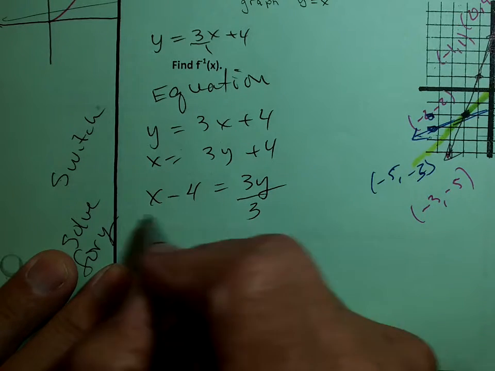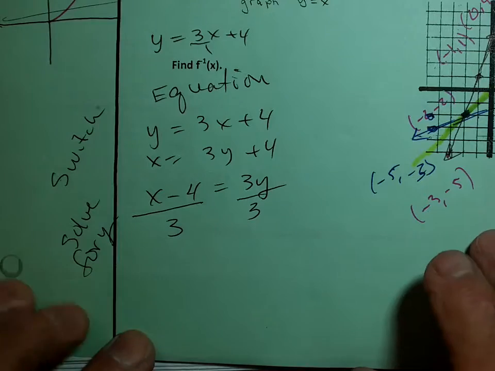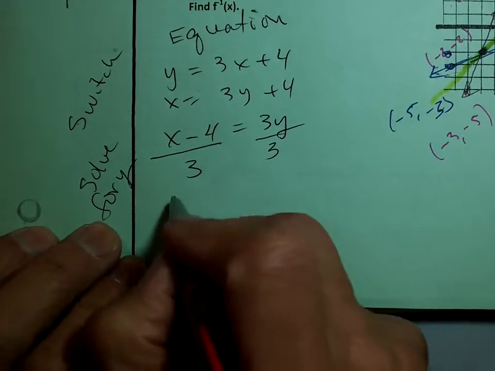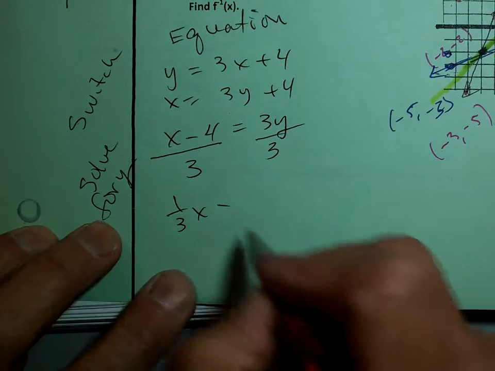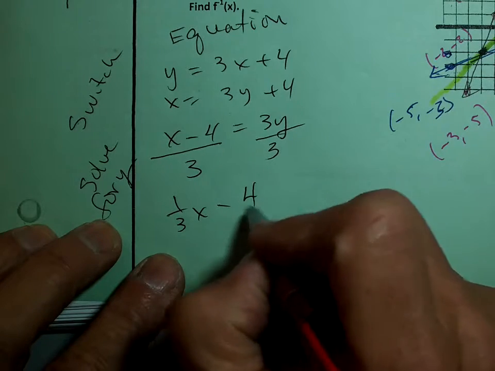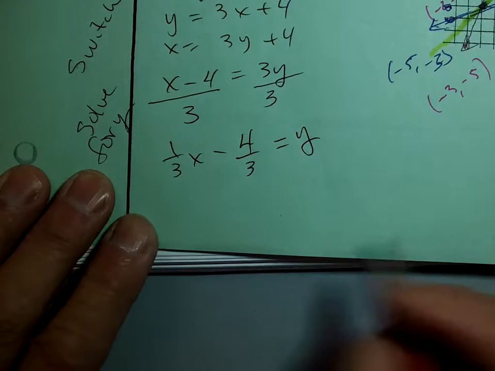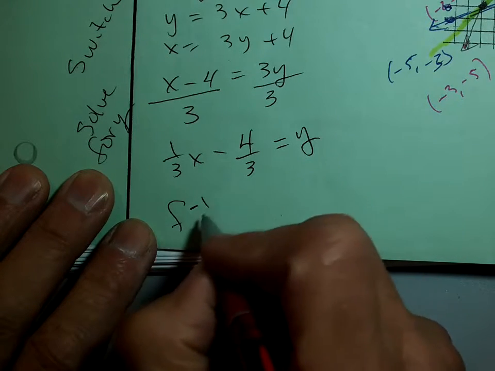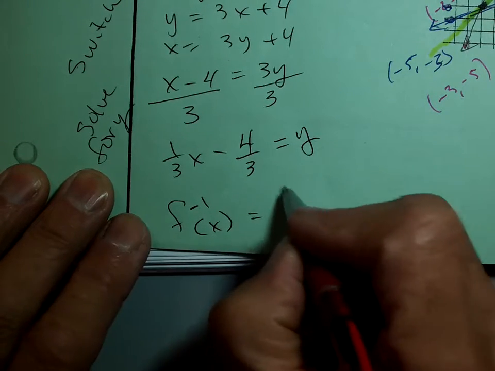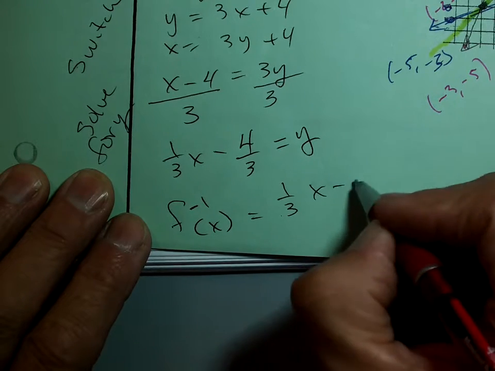Divide by 3. x minus 4 over 3. So it's 1/3 x minus 4/3 equals y. Or, I like this better, f inverse, because that's the symbol, equals 1/3 x minus 4/3.